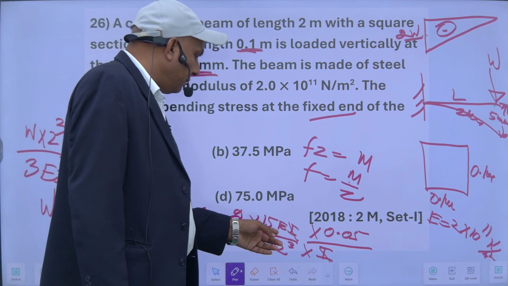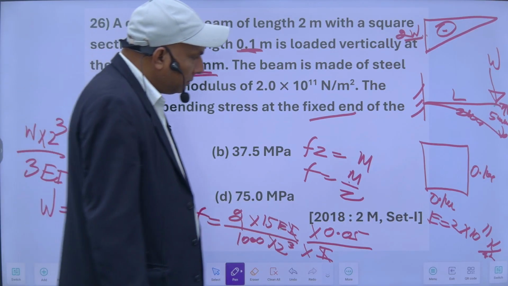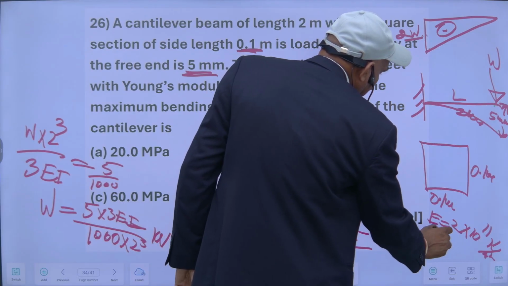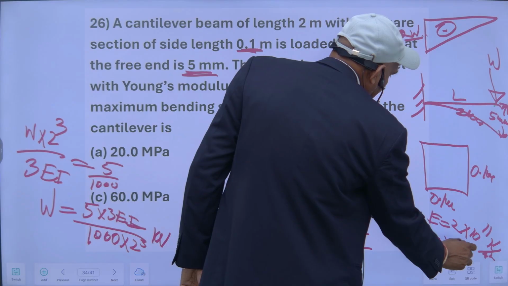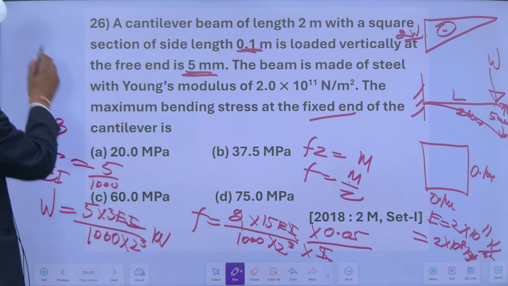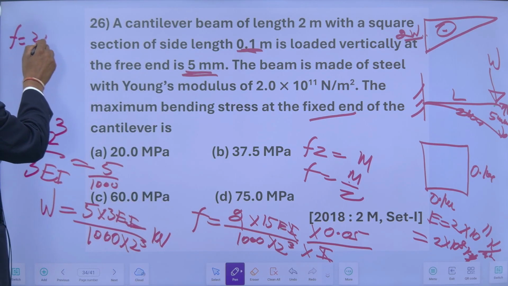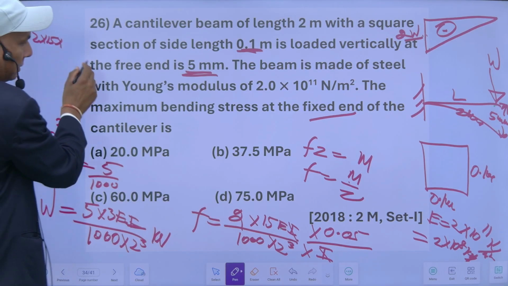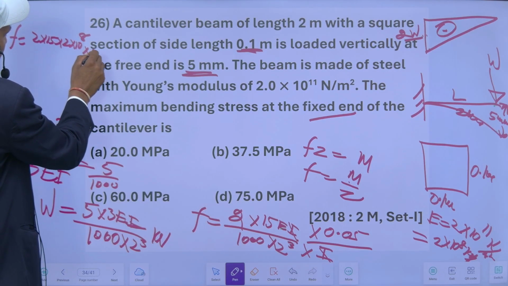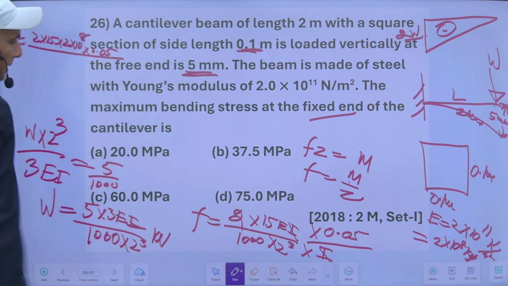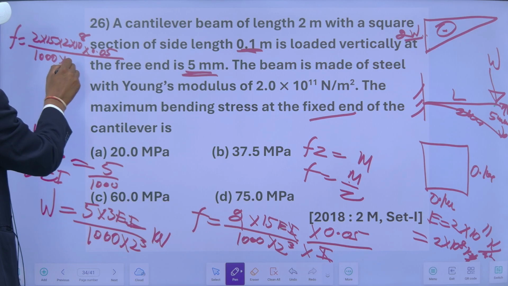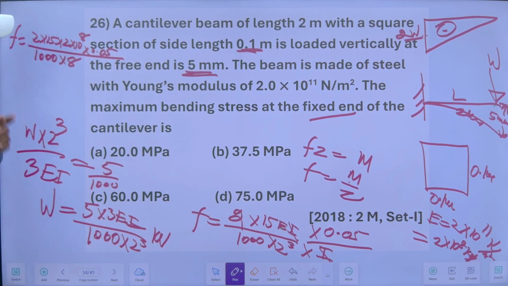If I put the value of E in kilonewton meter, it will be 2 into 10 raised to the power 8 kilonewton per meter square. If I put the value of E here, it will be F is equal to 2 into 15 into 2 into 10 raised to the power 8 into 0.05 divided by 1000 into 8.